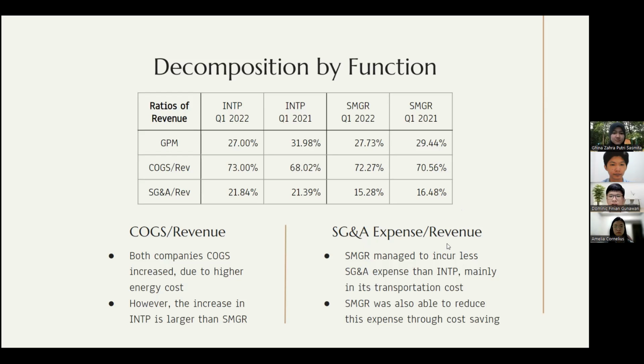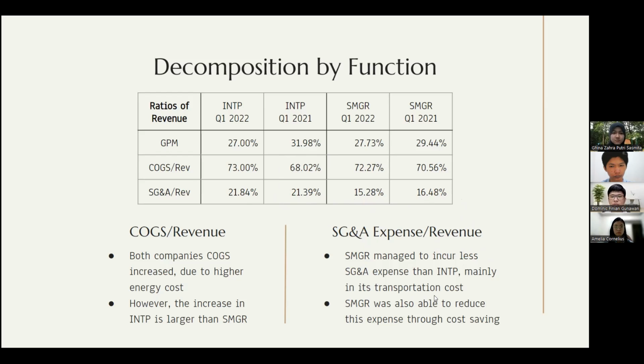First, SMGR managed to incur less SG&A expense than INTP, as shown that for both periods, the cost incurred by INTP is significantly larger than SMGR. If we look down at the notes to financial statements, we could understand that SMGR could save more on its transportation cost.